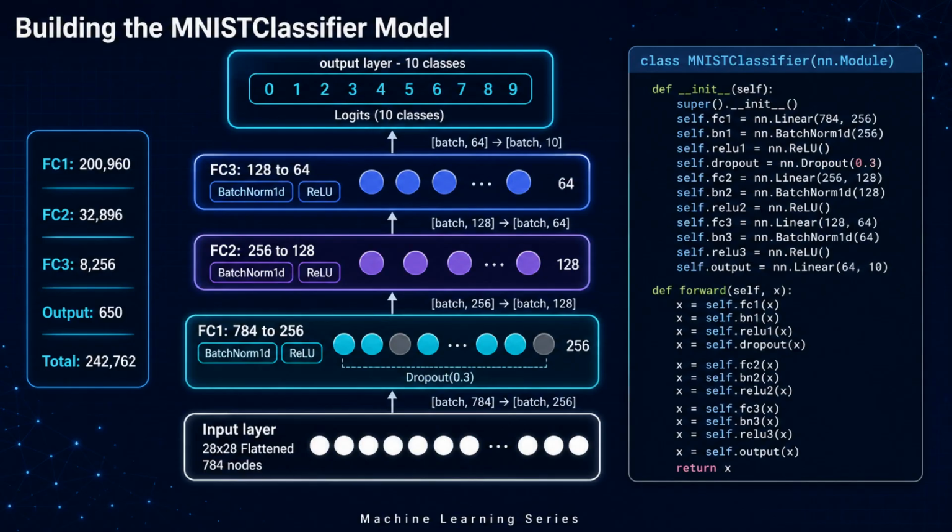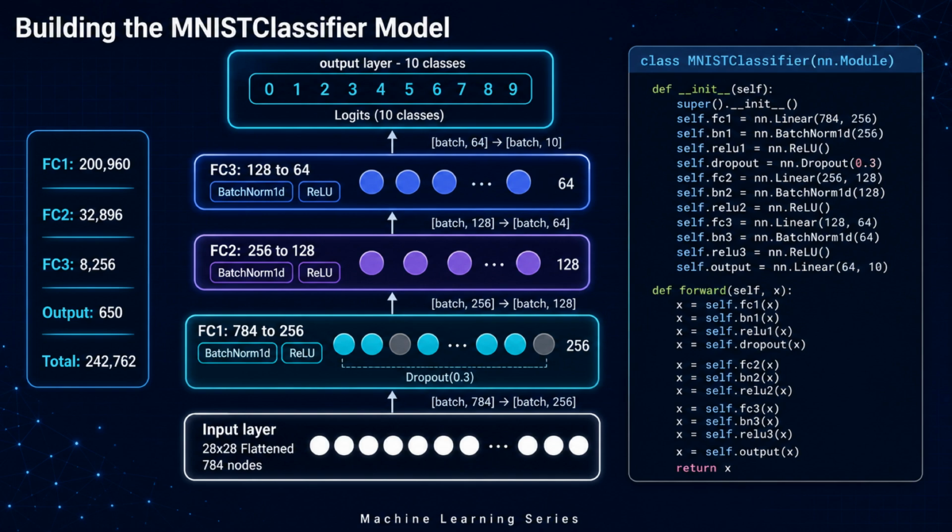The input layer takes 784 features, which is the flattened 28 by 28 image, and maps them to 256 neurons. The second hidden layer goes from 256 to 128 neurons, and the third from 128 to 64. Finally, the output layer maps from 64 neurons to 10 classes, 1 for each digit.